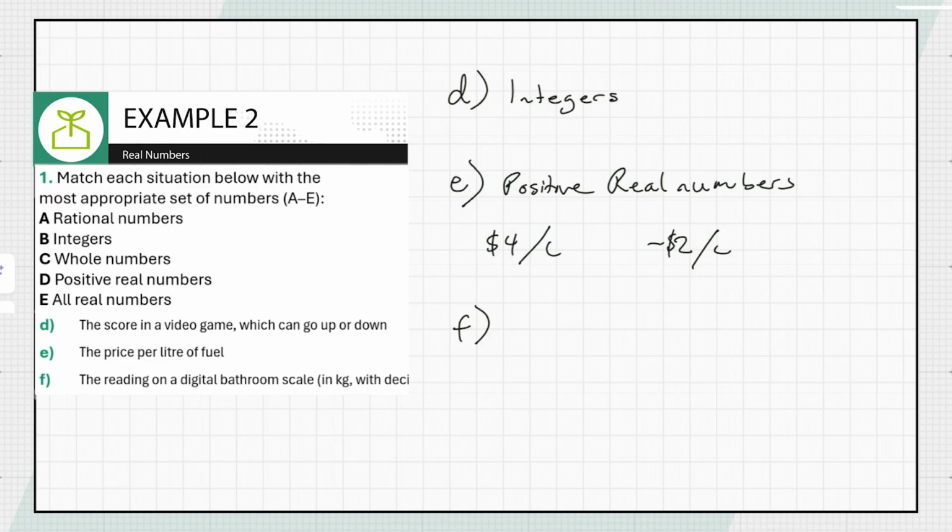Okay, for F, we have the reading on a digital bathroom scale in kilograms with decimals. So because of that specific kind of criteria, we're also going to say positive real numbers. When we step on a scale in terms of measuring our weight, we only see the number go up.